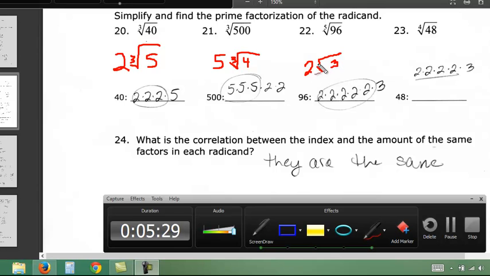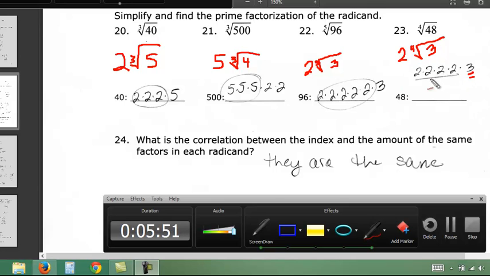And then 3 leftover. Make sure your index looks like an index. Here there's 4 2's, so there's 2 on the outside, and then the 4th root of 3. So that would be a leftover.